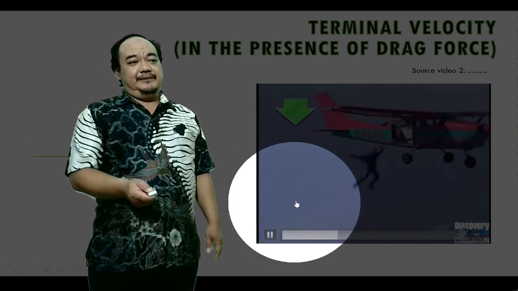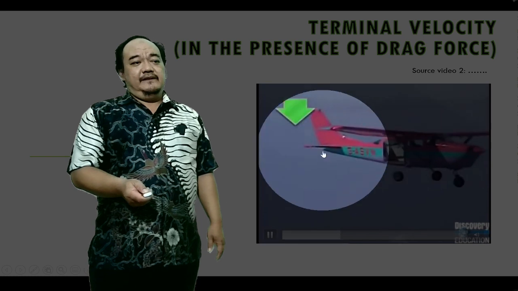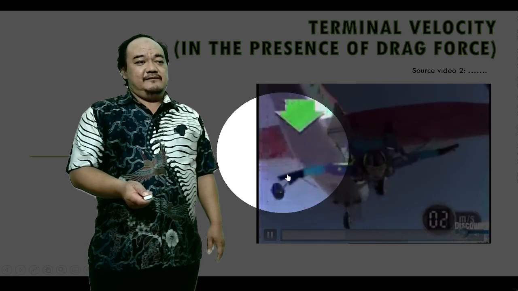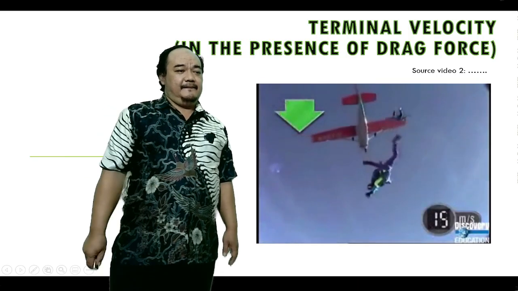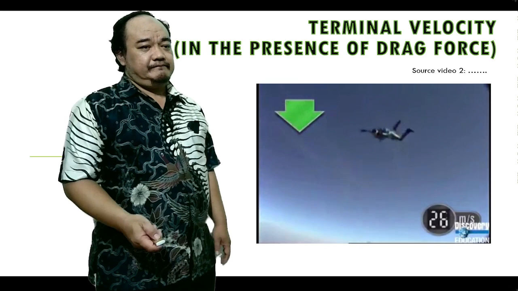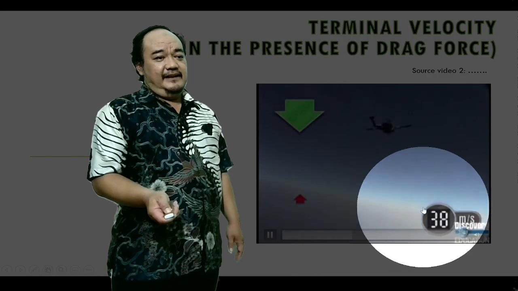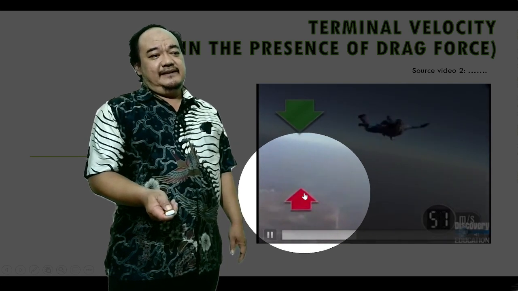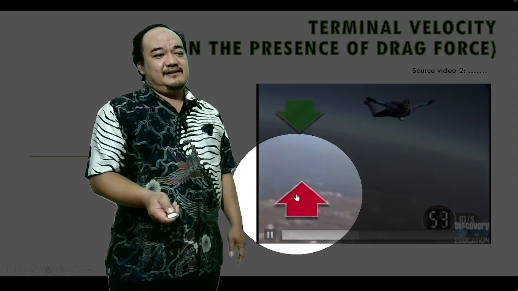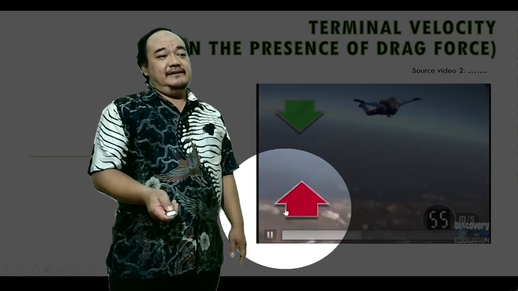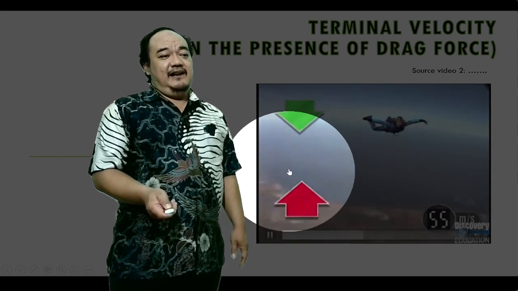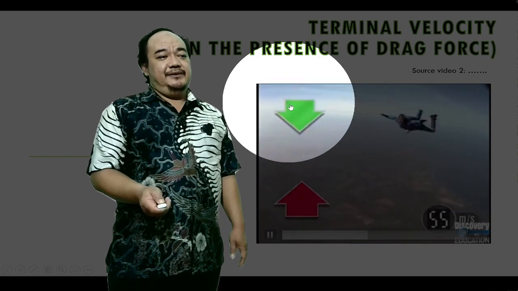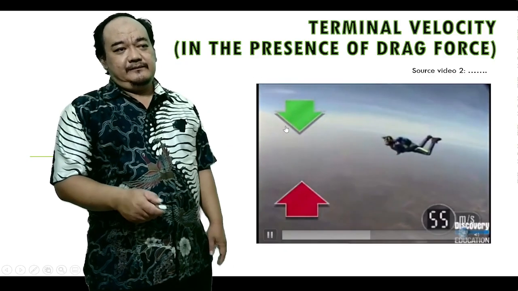And then when the velocity of the skydiver is higher, the drag force shows up. Immediately pulls her towards the ground, and she starts to accelerate downwards. But you can see here the velocity is higher, and then the drag force emerges, and the drag force becomes higher, and then reaches the same value as the gravity force.